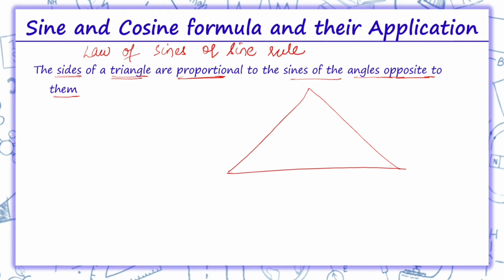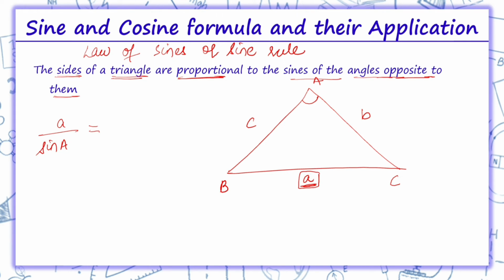Let's suppose this is a triangle with sides A, B and C. The sine law says, if I am talking about side BC, that is side A, the angle opposite to it is A, so it becomes A upon sine A. The sides of a triangle and the sines of the angles opposite to them are in proportion.